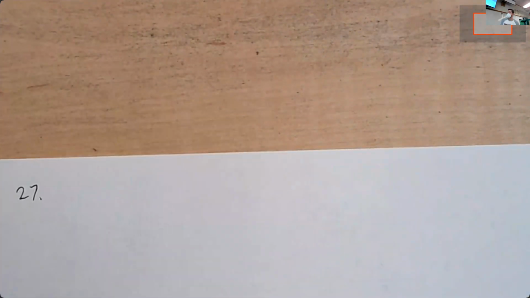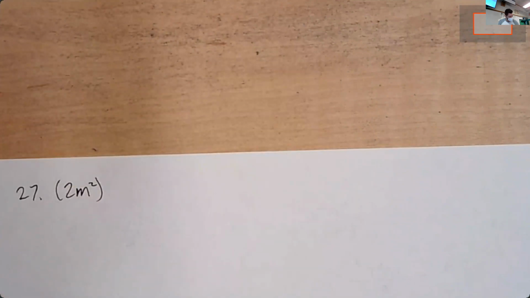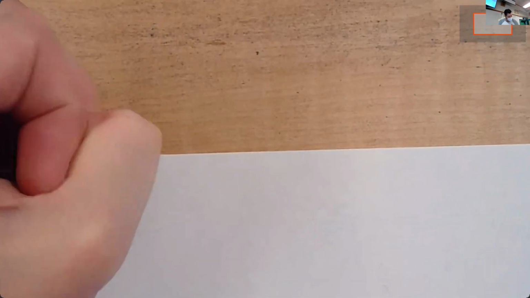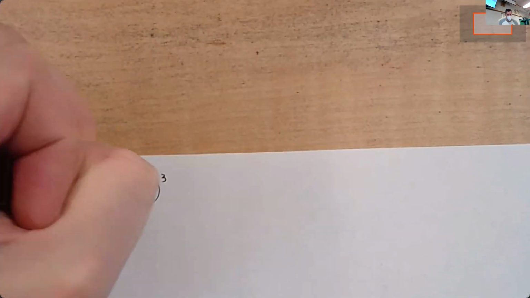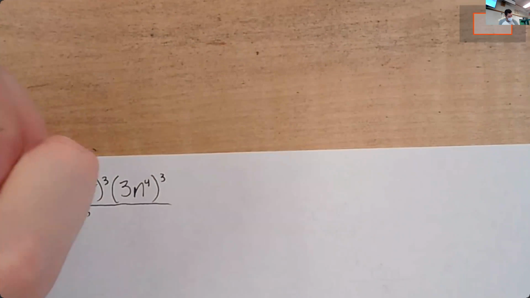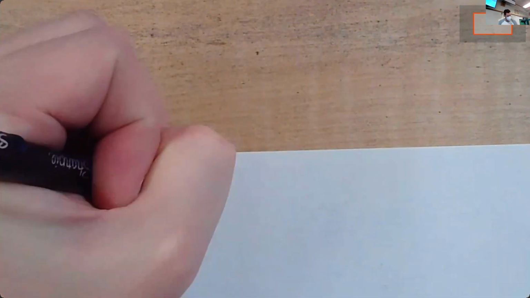The problem for 27 is we've got 2m squared to the 3rd power times 3n to the 4th to the 3rd power over 9m to the 4th n to the 7th. And then that whole thing is subtracting 18m squared n to the 5th.